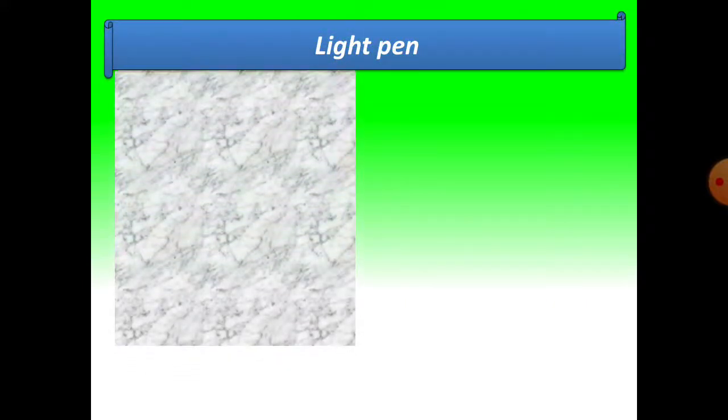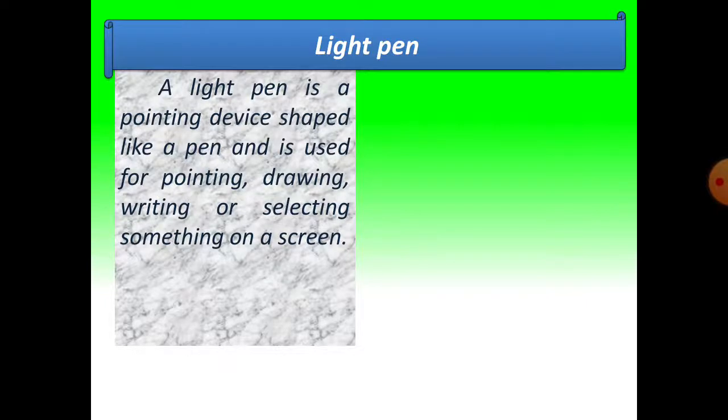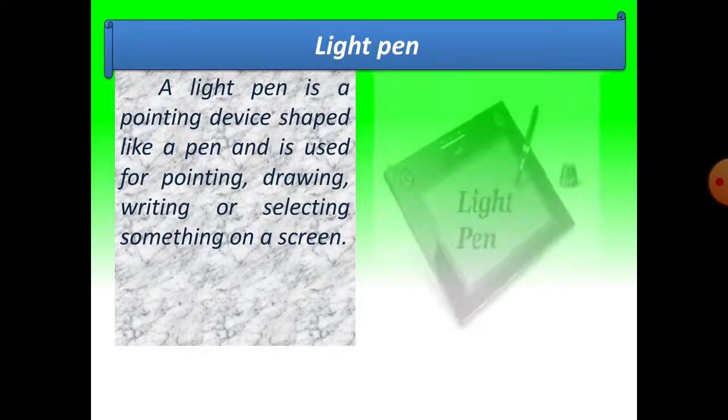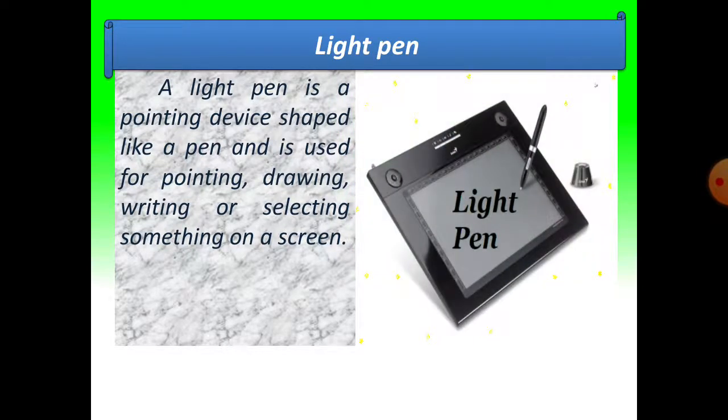Next is light pen. A light pen is a pointing device shaped like a pen and is used for pointing, drawing, writing, or selecting something on a screen. See, this is a light pen. Next is digital camera.